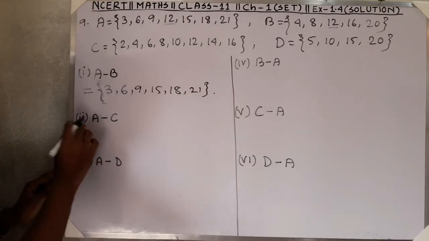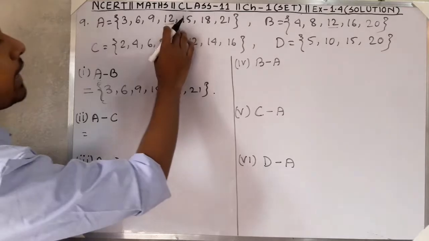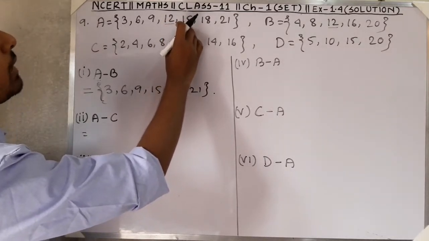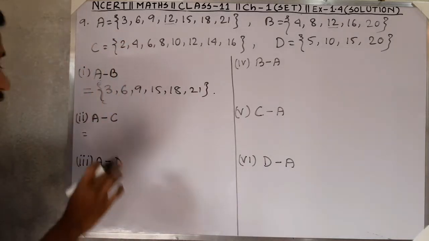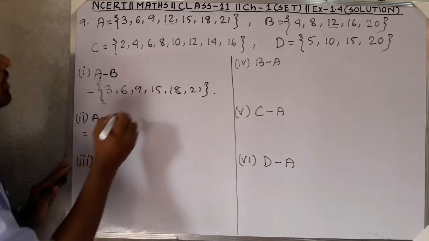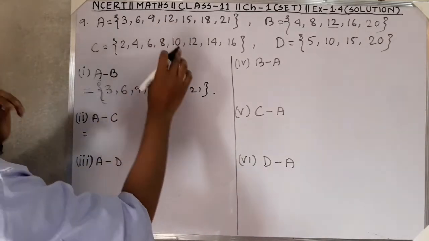Question B 2. A minus C, that means all the elements of A except the common elements of A and C only. So what are the common elements? Find it out.